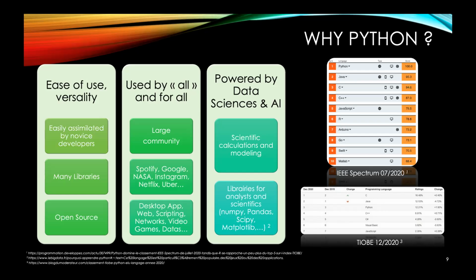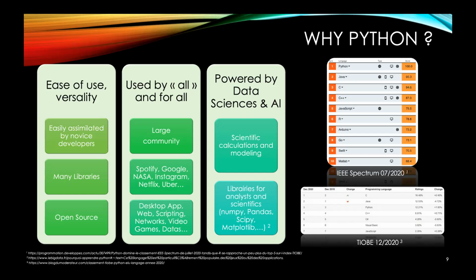On the right of the slide, I put two rankings. One is from IEEE Spectrum, a magazine by the Institute of Electrical and Electronics Engineers, which makes a ranking by mixing social network exchanges, code production, and job offers, and gives us a ranking.